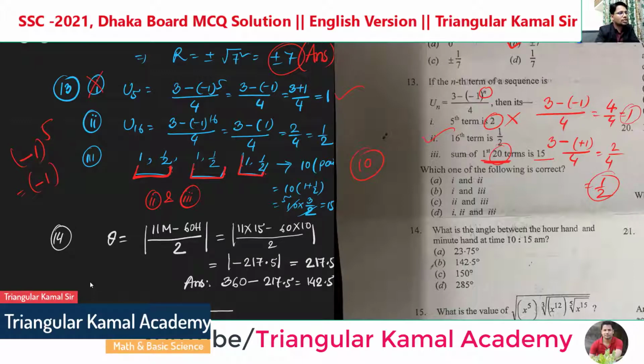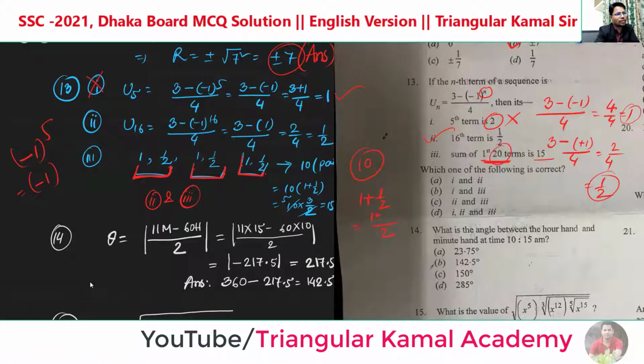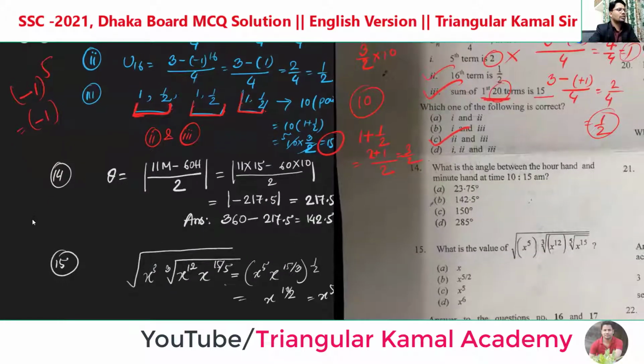For the first pair, their sum is 1 + 1/2. Taking 2 as the LCM, 2 plus 1, this is 3 by 2. In the same way we will get 10 pairs, that means 3 by 2 multiplied by 10. Doing the calculation we will get 15, and this is our answer. So 2 and 3 are the correct statements. This is C.